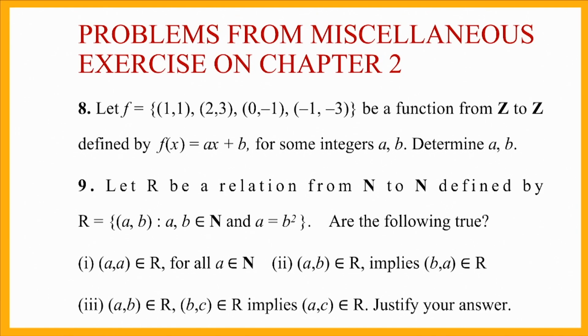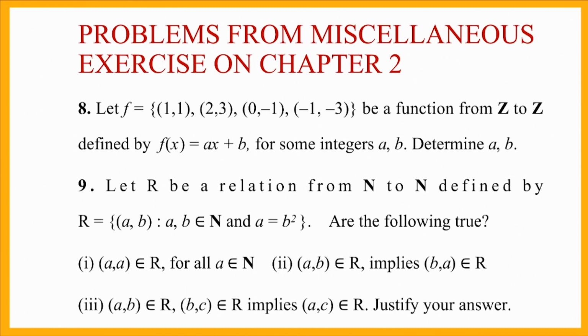R is a relation from N to N defined as R equal to the ordered pair (a, b) such that a, b belongs to N and a equal to b square. Remember, R is from N to N, set of natural numbers to set of natural numbers. He says find out whether the following are true.